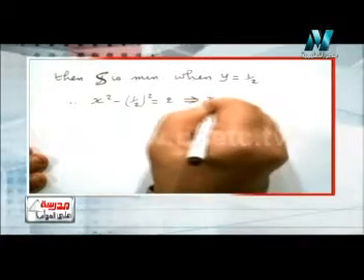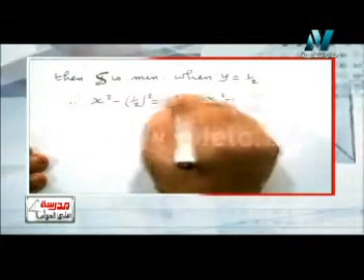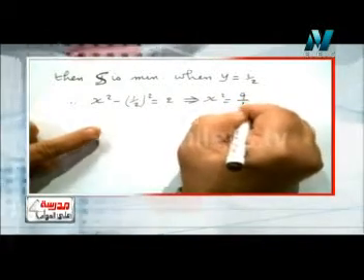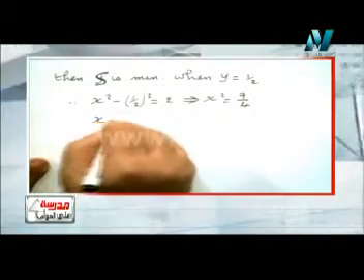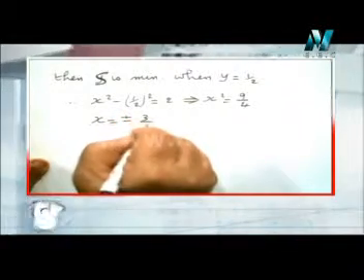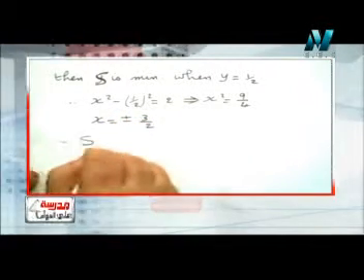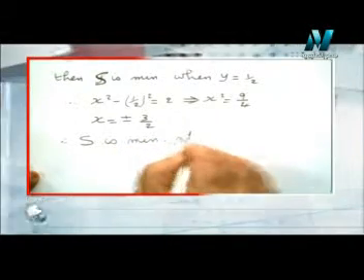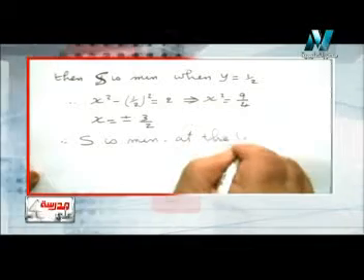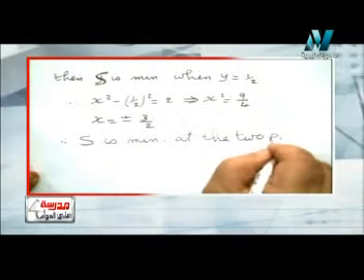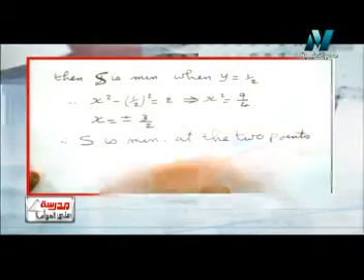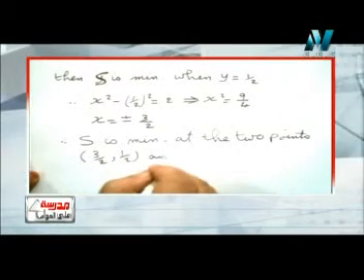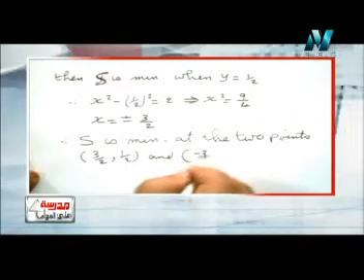Therefore x square equals 2 plus 1 over 4, it is 9 over 4. Therefore x equals plus or minus 3 over 2. Then s is minimum at, what do we say, the 2 points: 3 over 2 and a half, and negative 3 over 2 and a half.